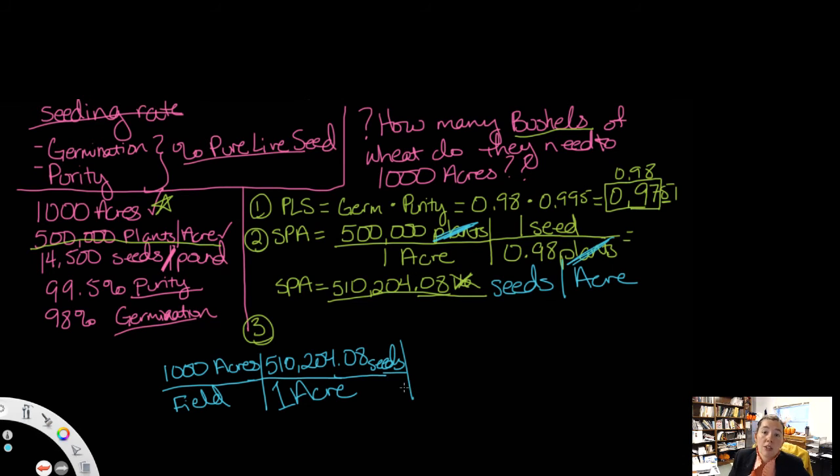Okay, so when we're to this point, we now need something at the bottom that has seeds in its unit in order for these seed units to cancel each other out. So the one that we have is this 14,500 seeds per pound. So we're going to do 14,500 seeds per every 1 pound.